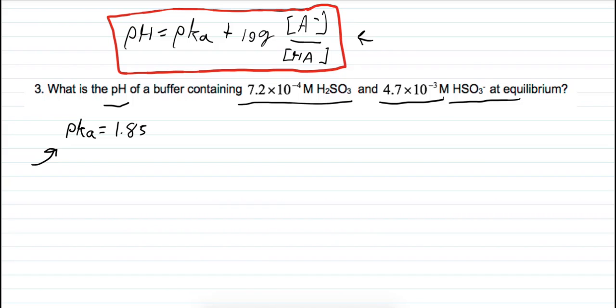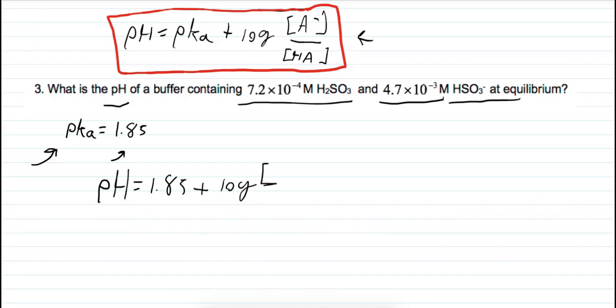Now the first thing we're going to do is write down our Henderson-Hasselbalch equation with all the information inputted into it. So we have our pH, which is what we're trying to find, equals our pKa, which is 1.85, plus the log of A minus.